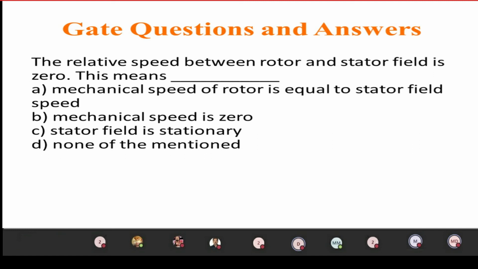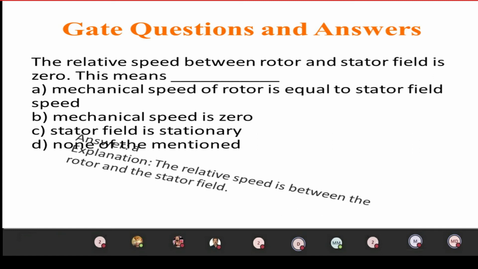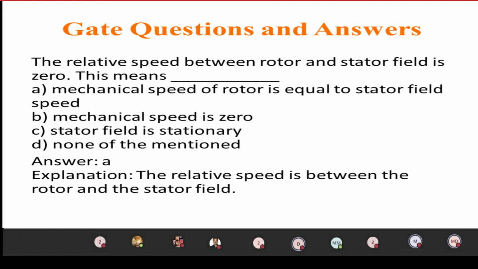That is quite good. When it reaches the synchronous speed, the relative speed between rotor and stator is 0. Answer A.